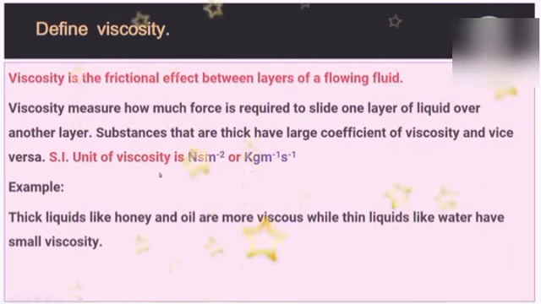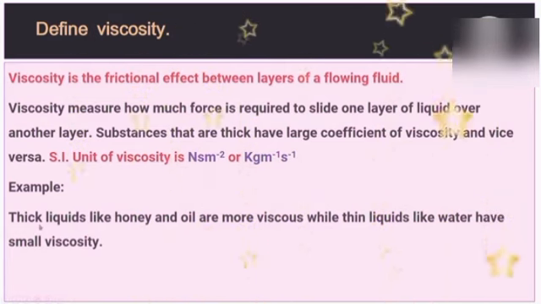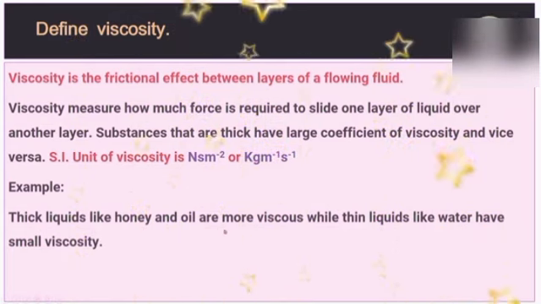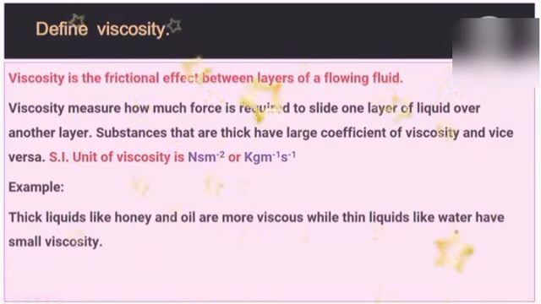SI unit of viscosity is Newton second per meter square or kilogram per meter second. Example, thick liquids like honey and oil are more viscous, while thin liquids like water have small viscosity.